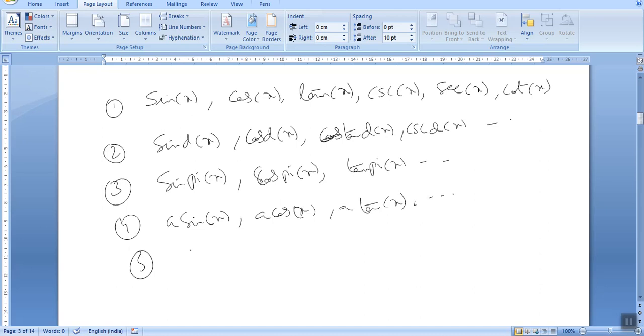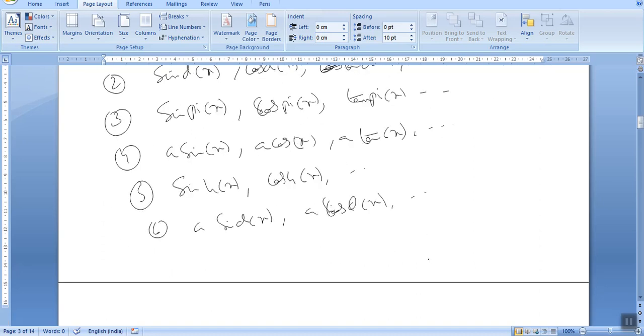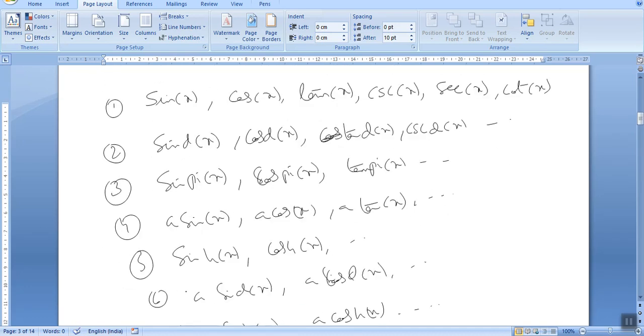Next one is hyperbolic: sinh x, cosh x, etc. If it is in degrees, use d here, sind of x, cosd of x, etc. For inverse hyperbolic functions, asinh x, acosh x, etc. So we can use trigonometric functions very easily for calculation.